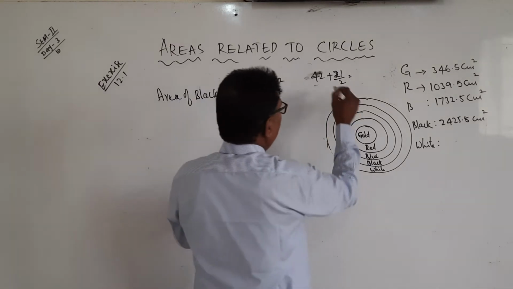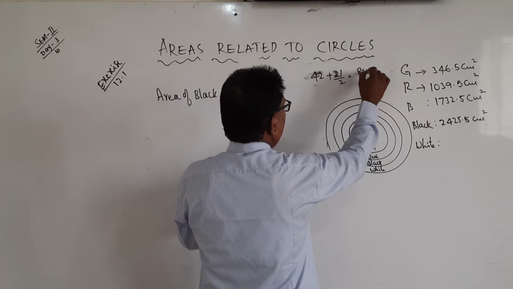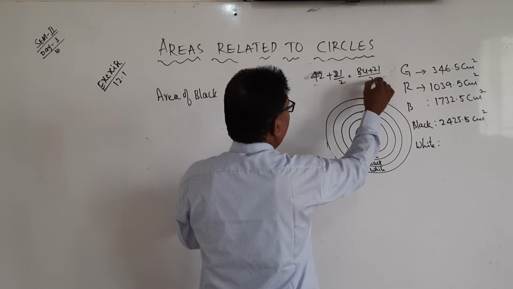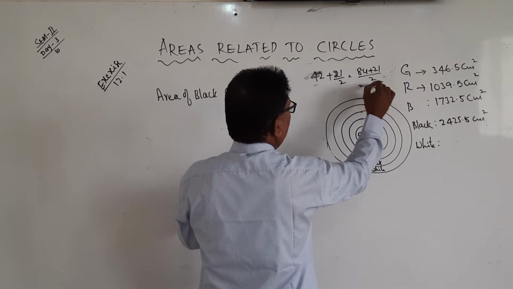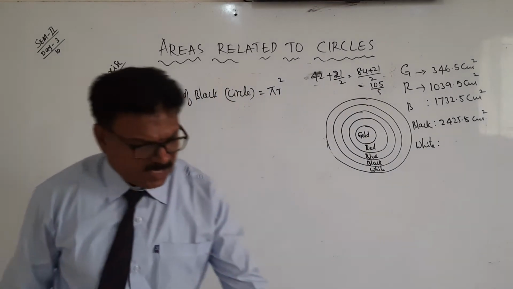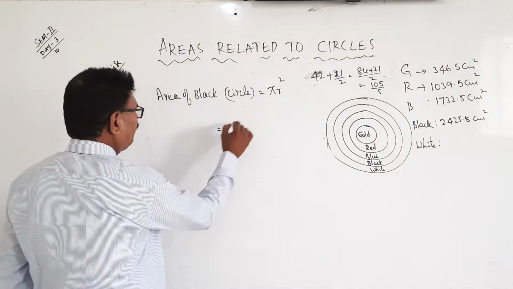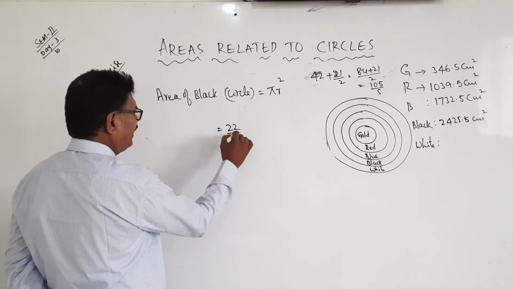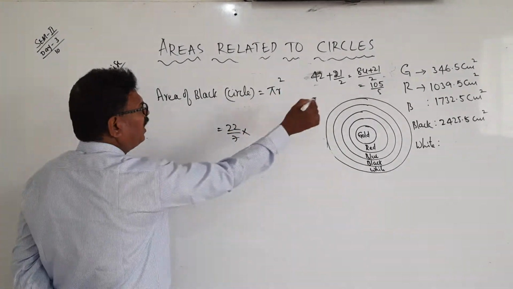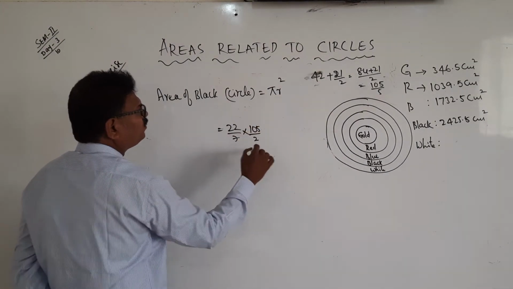So how much will it be? 84 plus 21 by 2 is nothing but 105 by 2. This is the last one. Okay? Now area equal to pi, which is 22 by 7, into r, which is 105 by 2. Sorry.